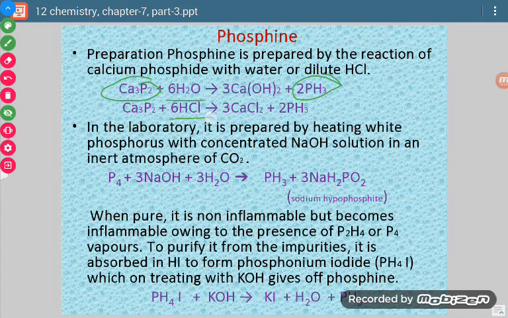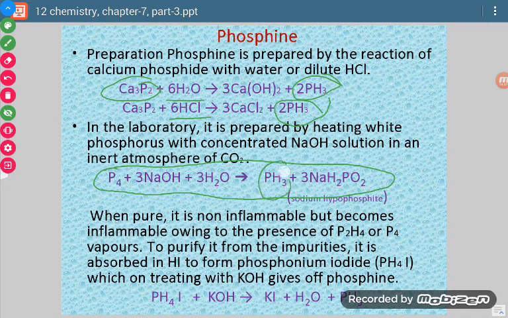Or if we treat it with hydrochloric acid, phosphine is also formed. As far as lab preparation is concerned, we treat yellow or white phosphorus with a concentrated boiling solution of sodium hydroxide. That forms phosphine, and sodium hypophosphite is also formed.